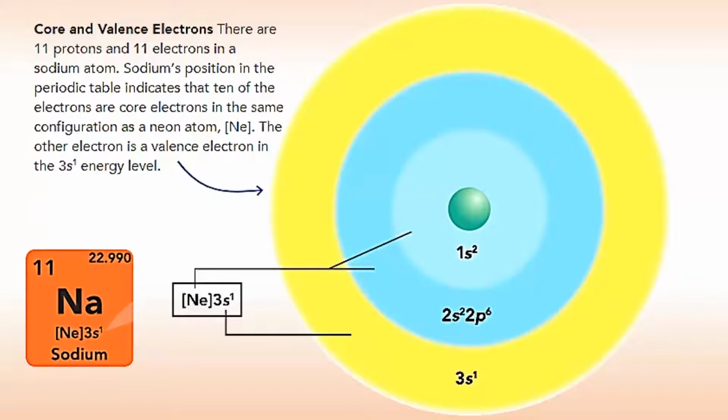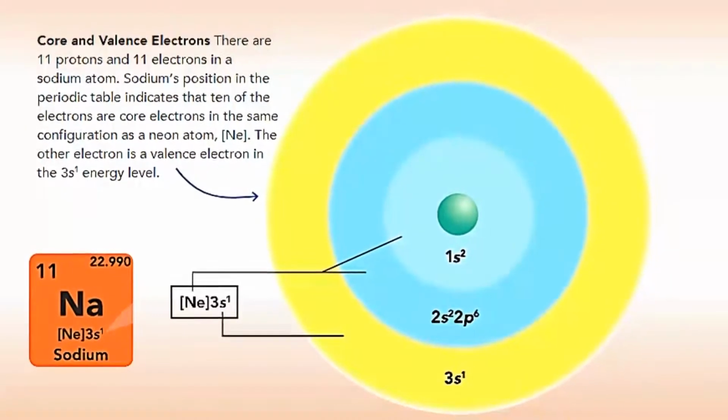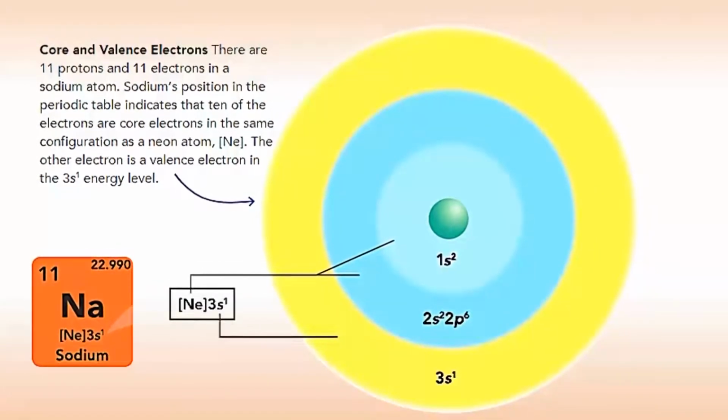And so we can use the noble gas configuration. We can actually write the symbol for neon in brackets. And then after that symbol, we can write just the electron configuration of the outer shell, shown in yellow. Sodium has to add 1 more shell to have that 1 extra electron to balance that 11th proton in its nucleus, and so it does so. It's 3s1.